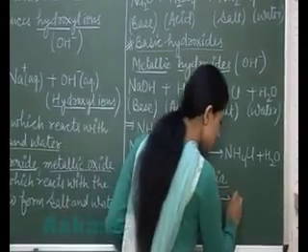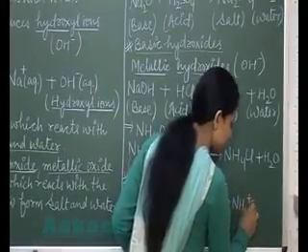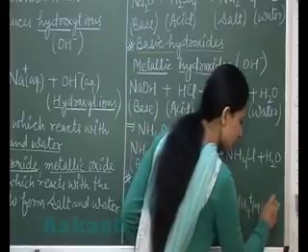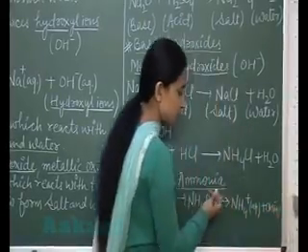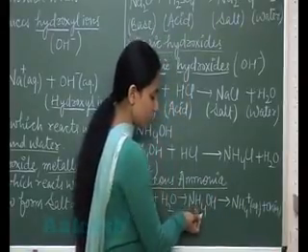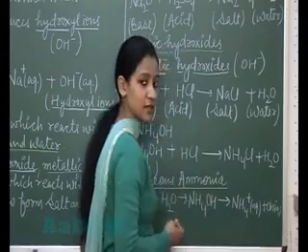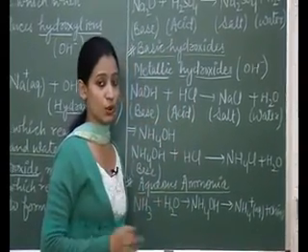So on dissociation, it gives you NH4 positive aqueous ions plus OH negative aqueous ions. So definitely you can see here that ammonium hydroxide liberates OH negative ions in the solution. So therefore aqueous ammonia is also a base.